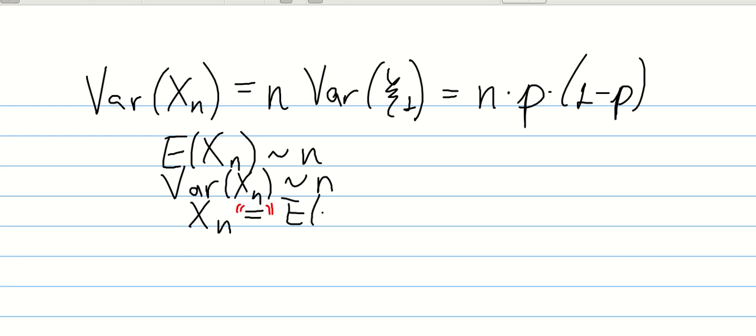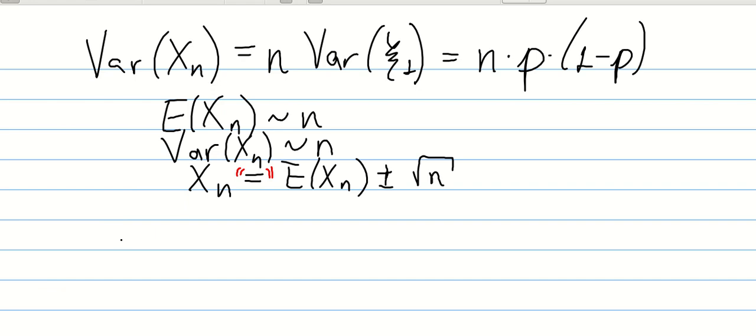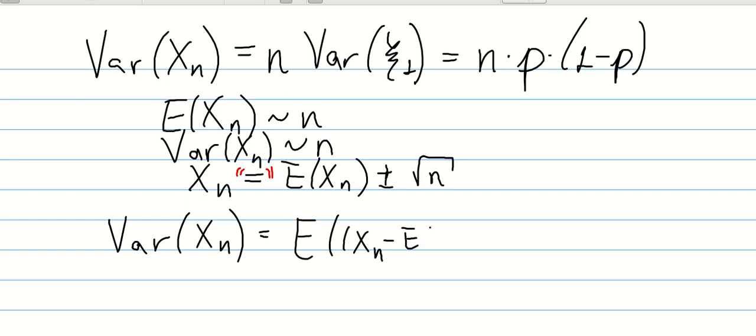It's going to be its expectation plus something of order square root of n, because variance measures the square of the deviation from the expectation, right? You remember that the variance of something is the expectation of that something minus its expectation squared.